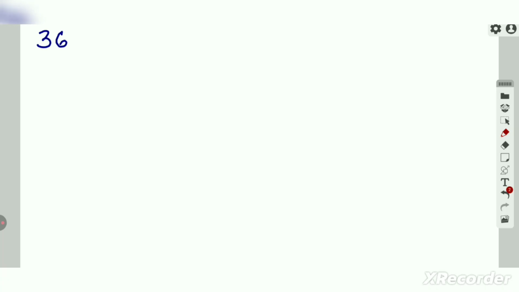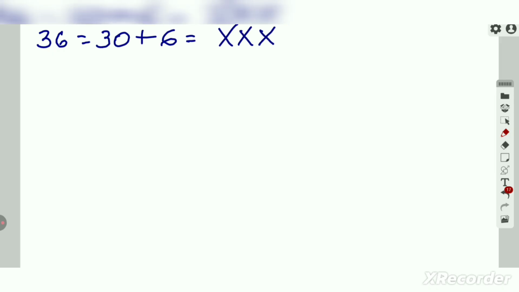Okay, 36. First, you need to break the number into parts. So 36, I'm writing it as 30 plus 6. 30 is XXX and 6 is VI. So 36 is XXXVI. Next is 48. How do you break it? 40 plus 8.